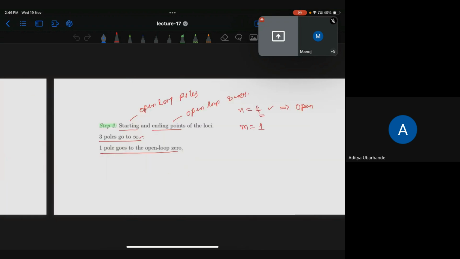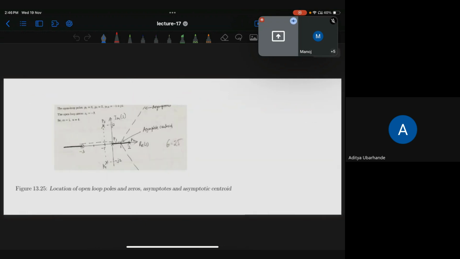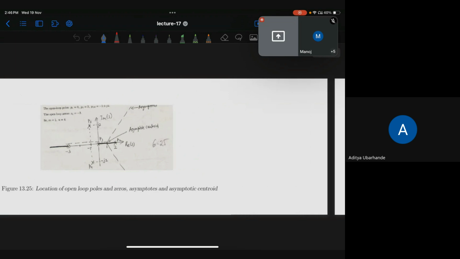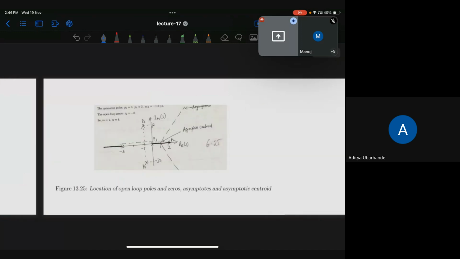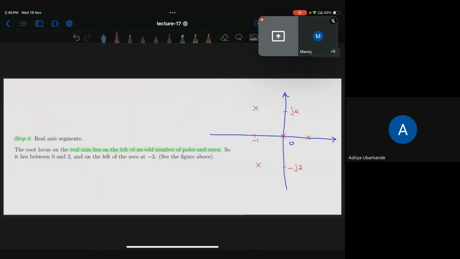Here you could see that we have a zero at minus 3. The root locus lies on the left of an odd number of poles and zeros.